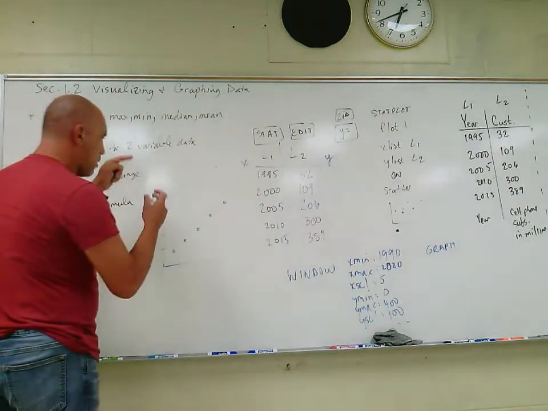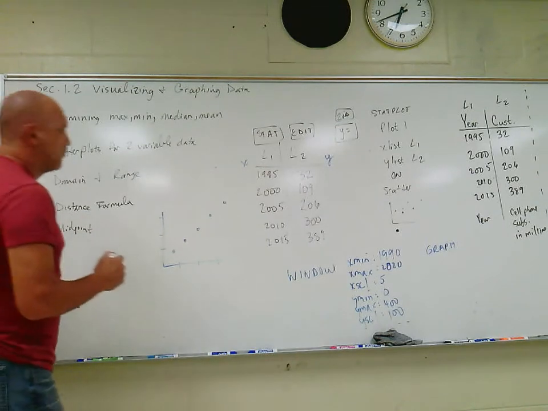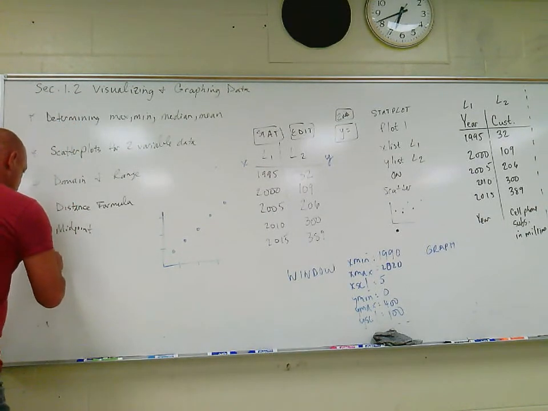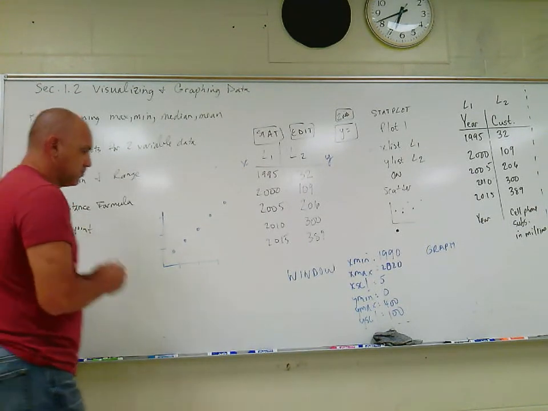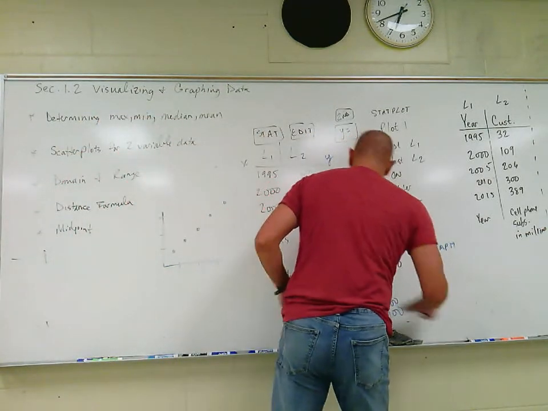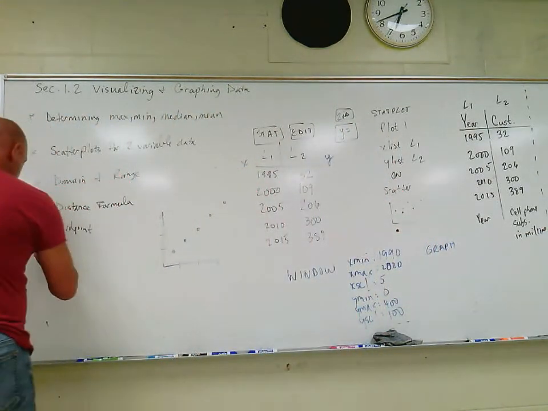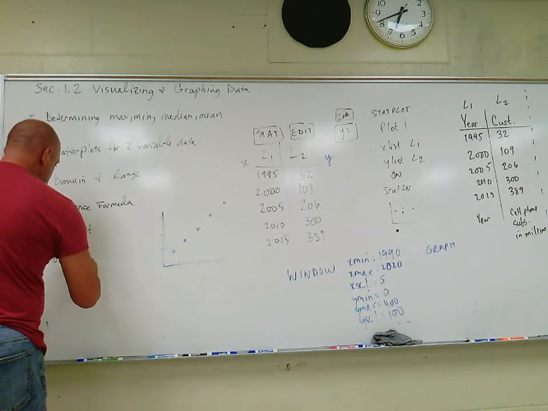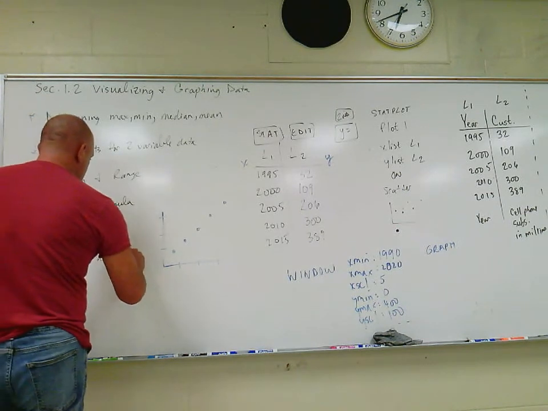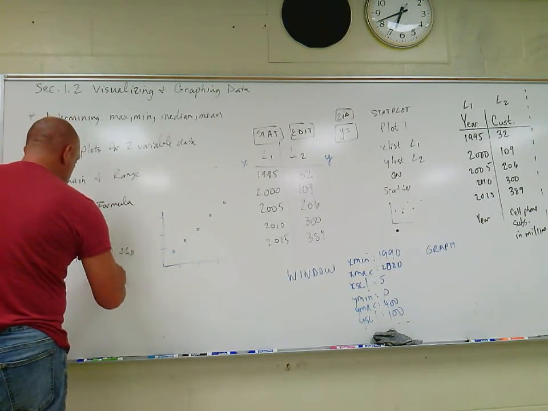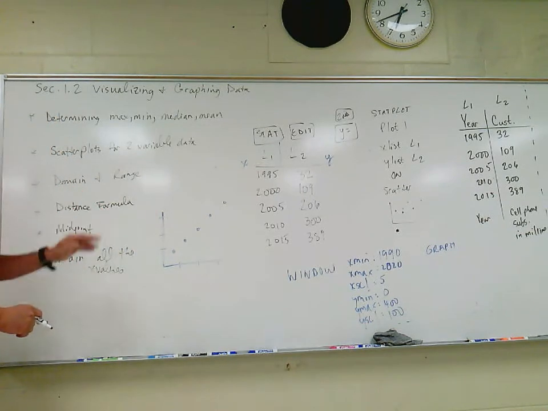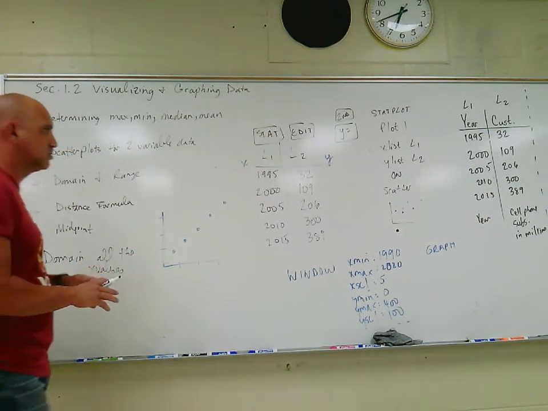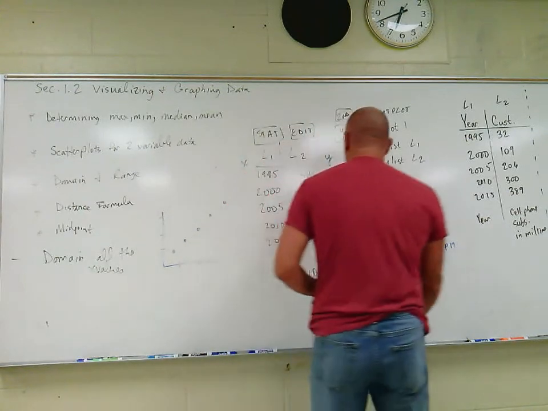A couple other things real quick: domain and range. While we're on this, if we want to list what the domain is, your domain is all the X values, or your inputs. So your domain is all of your X values. I'm going to erase some of this information here. We've got a lot going on.